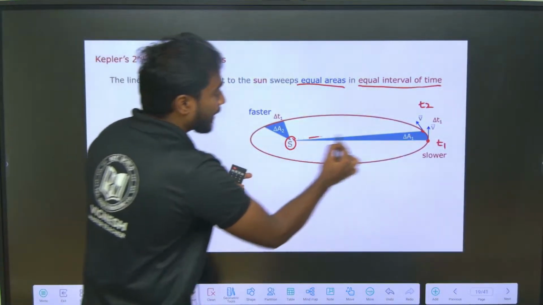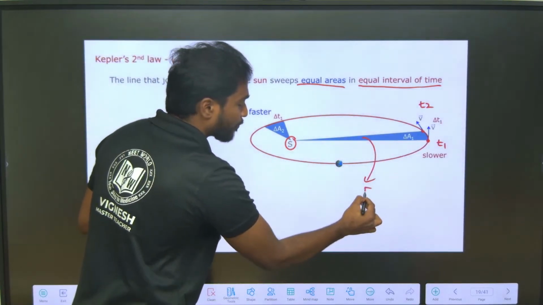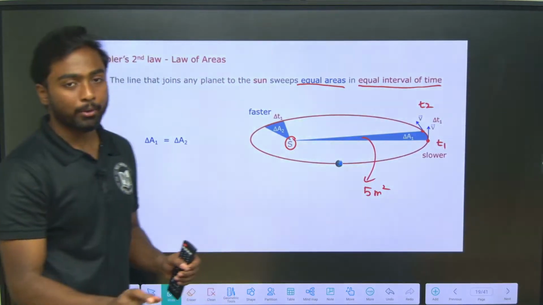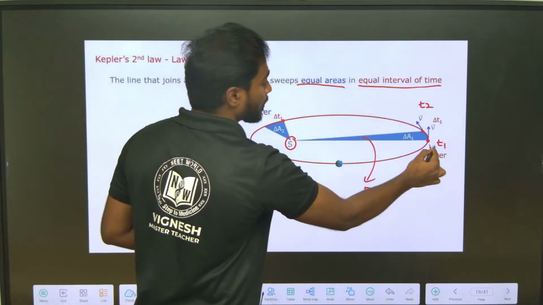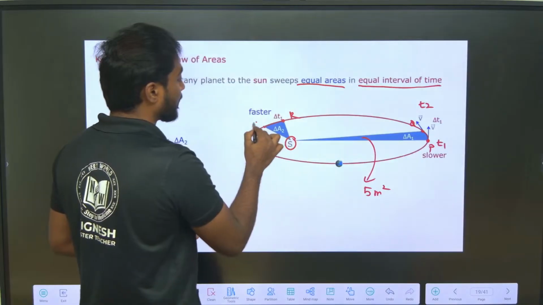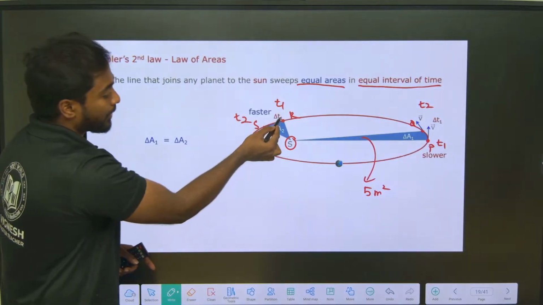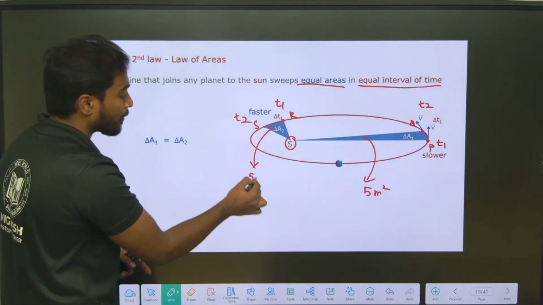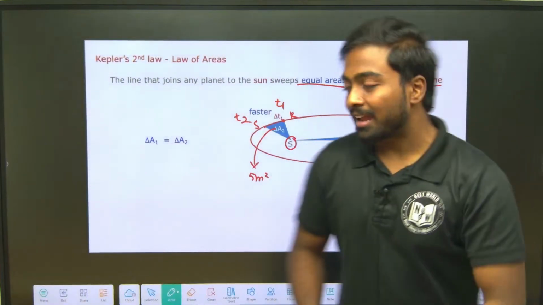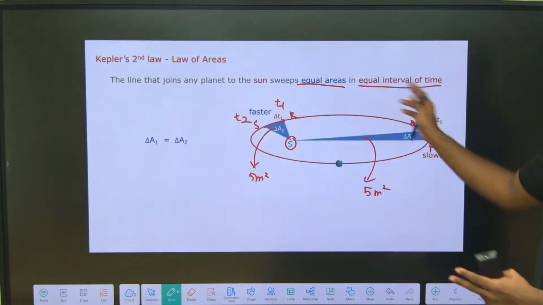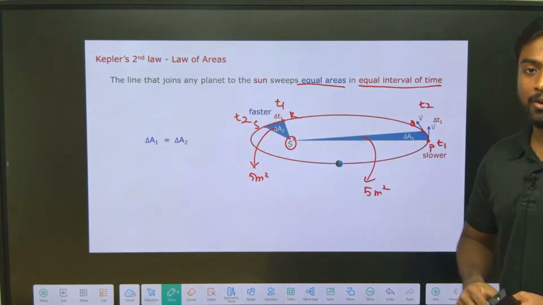The area swept, let me take this as 5 meter square for example, with points P, Q, R and S. Now the planet was here at time t1, at time t2 it was at S. So this area will also be 5 meter square only. It can be anywhere, but for equal intervals of time, equal area will be swept.